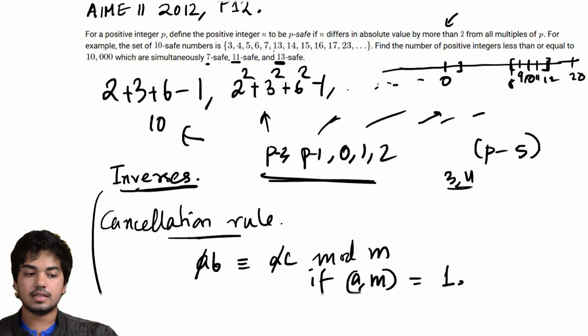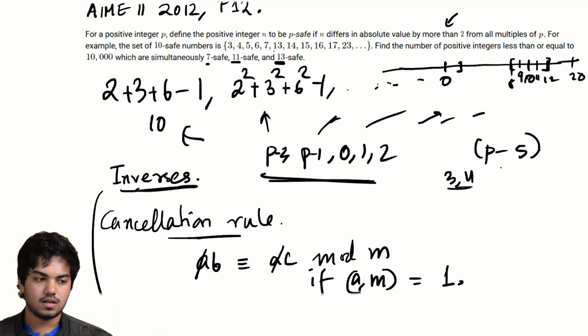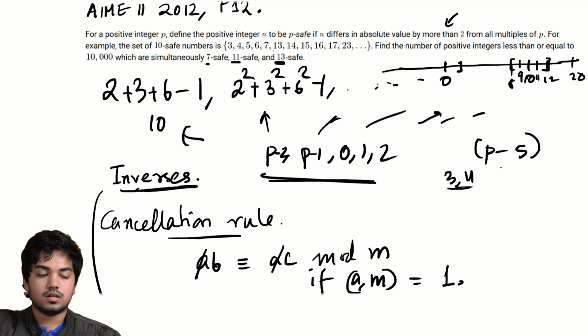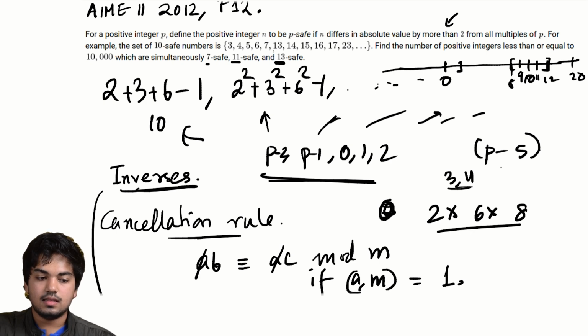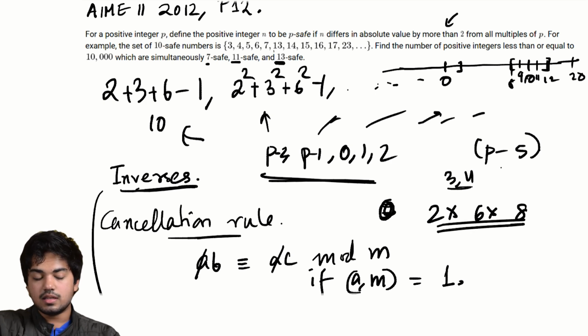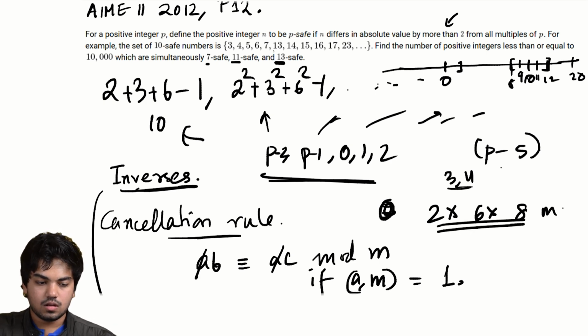And similarly for 13, you have 8, right? P minus 5. So all the numbers which are simultaneously 7, 11, and 13 safe have 2 into 6 into 8 choices, modulo 7 into 11 into 13.